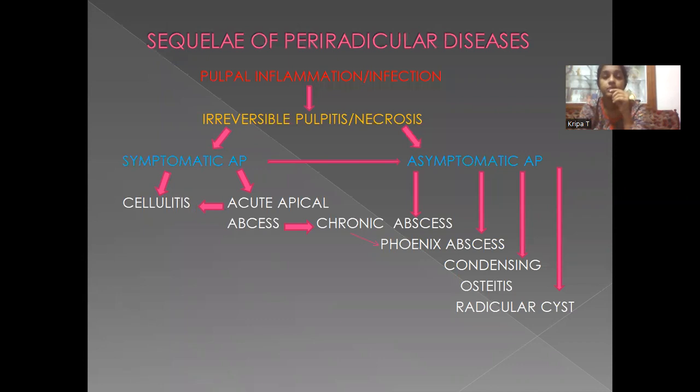Symptomatic apical periodontitis is manifested as cellulitis or as an acute apical abscess. Now, this acute apical abscess can in itself turn chronic later on. Otherwise, the necrosis of the pulp can create an asymptomatic apical periodontitis, which can be manifested in different forms as chronic abscess, phoenix abscess, condensing osteitis, and a radicular cyst.